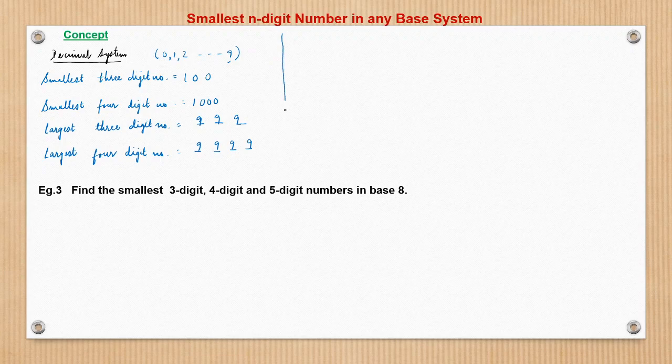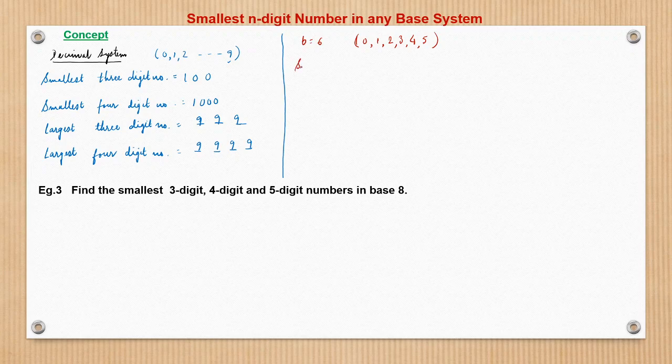Similarly we check this for other base systems, because the concept remains the same irrespective of whichever base system we are working in. Suppose now the base is 6. Base 6 means the permissible digits are 0, 1, 2, 3, 4 and 5, right?